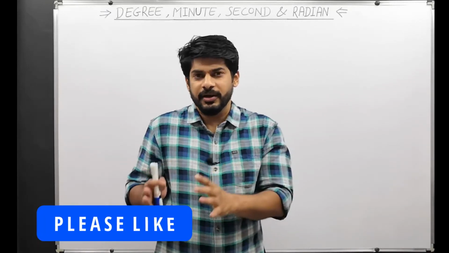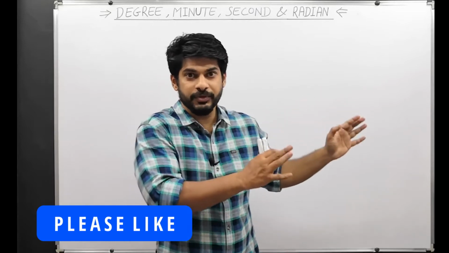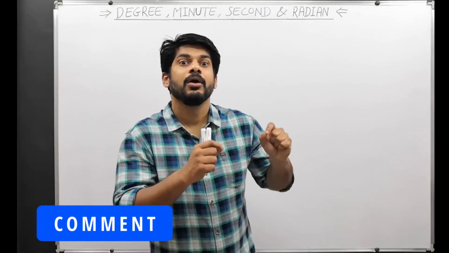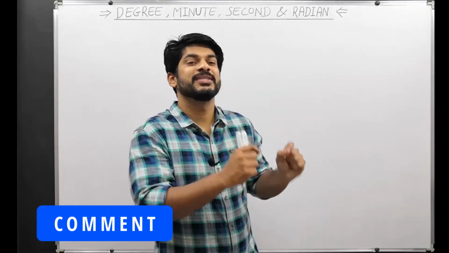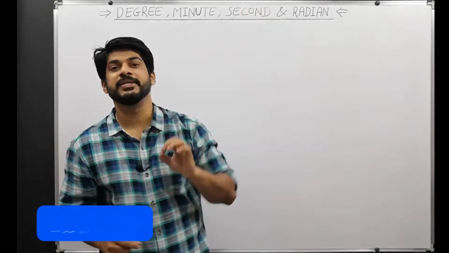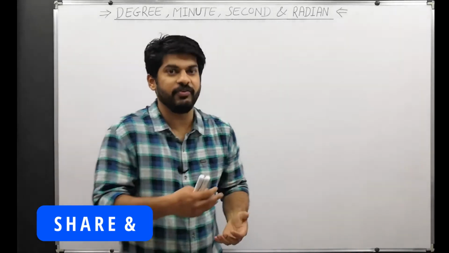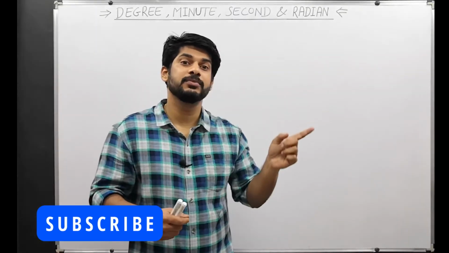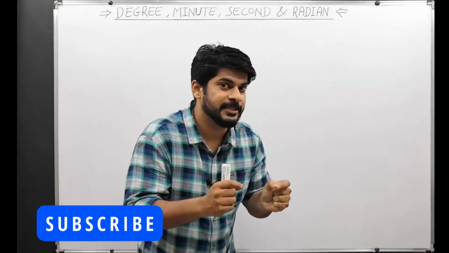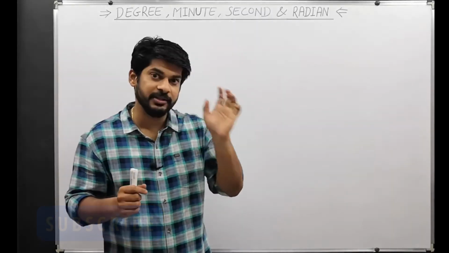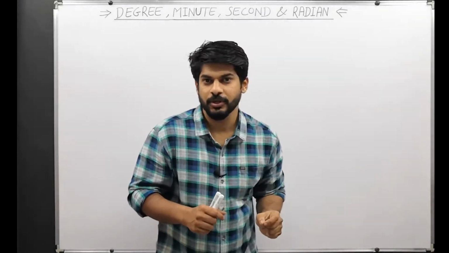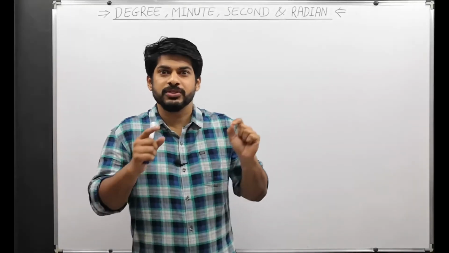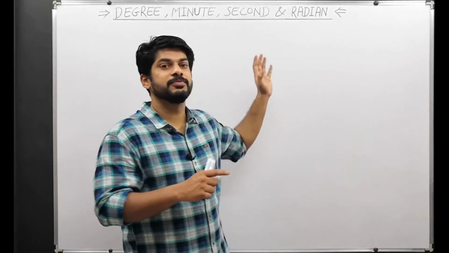In one of our previous videos we have seen what a degree, a minute, a second and a radian are, and how we define them, in great detail. If you have not checked that, you can go and check it. This video is for those who just want the conversion factors between them.